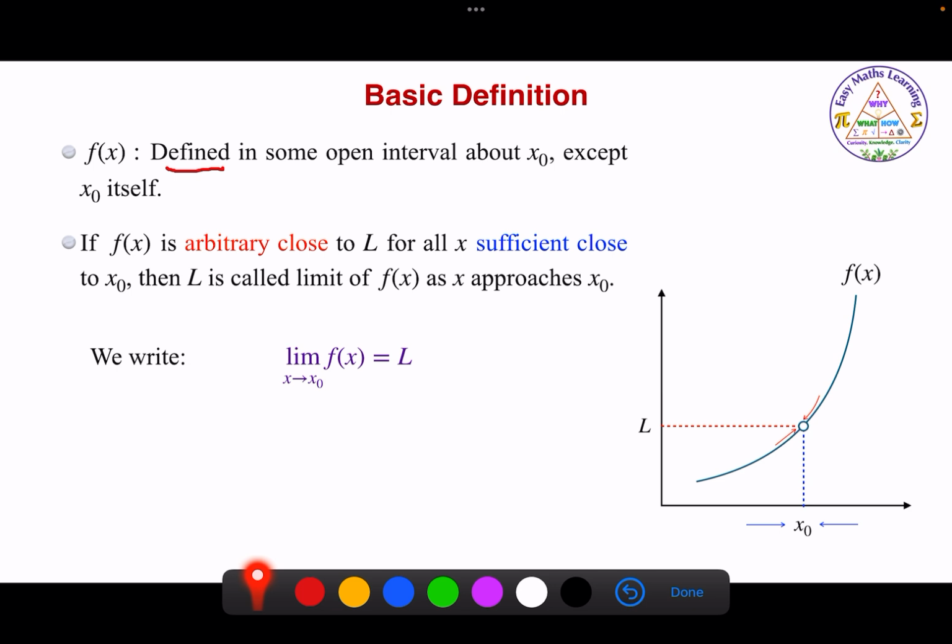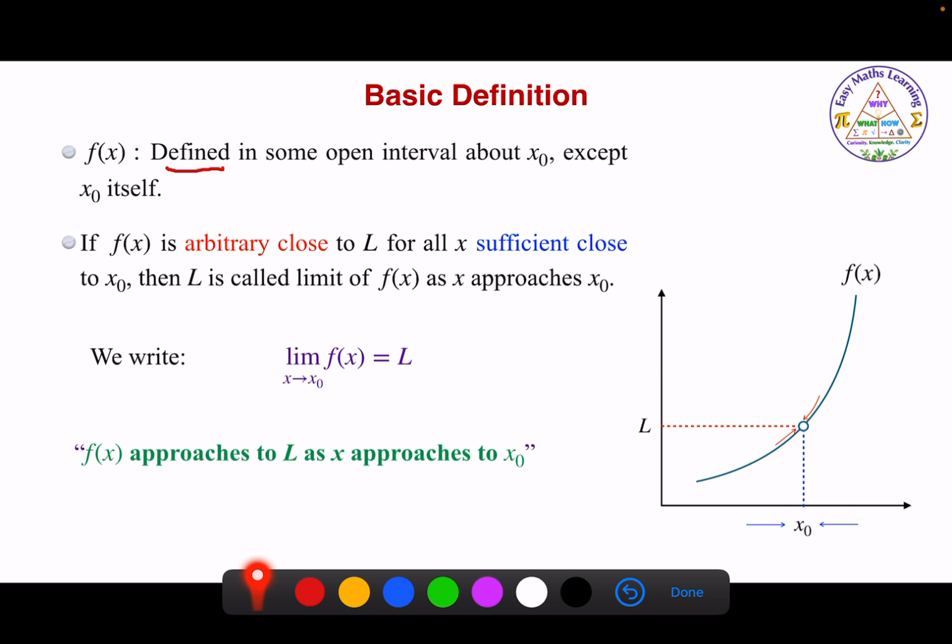Mathematically, we write the limit as x tends to x naught of f(x) equals L. In other words, we say f(x) approaches L as x approaches x naught. Here L is a single finite value.